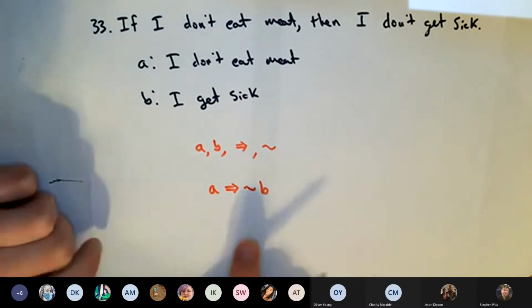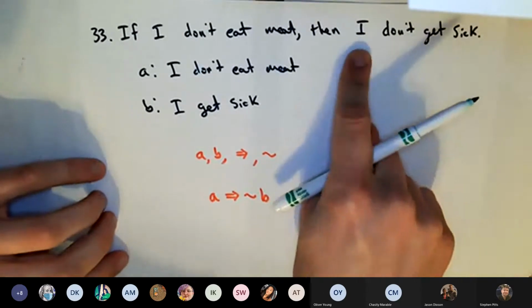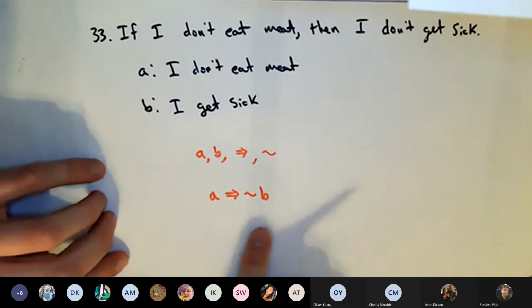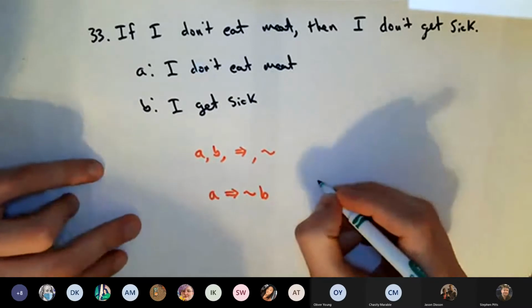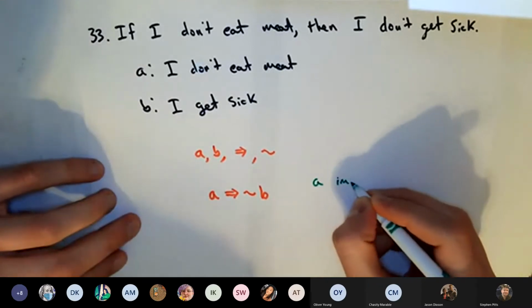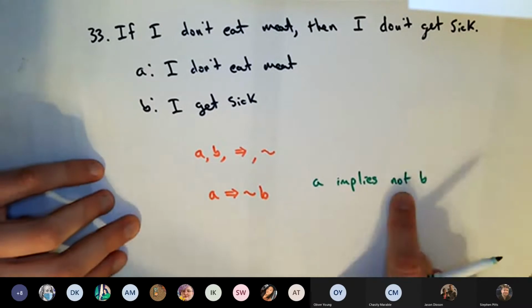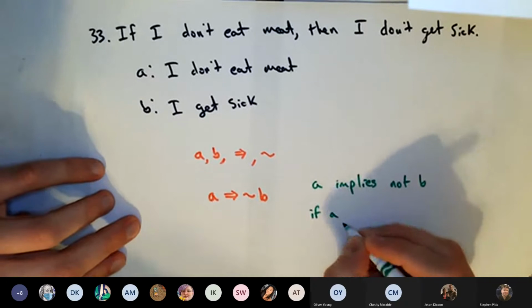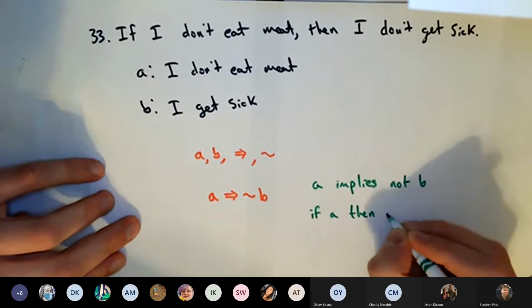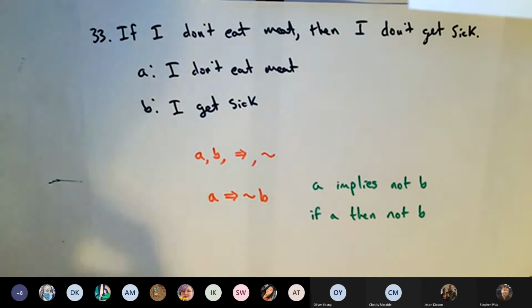I'll write that down for you. And by the way, why is B negated? Well, because B is I get sick, but in the statement, it's I don't get sick. So there's the solution. You would say A implies not B, the not just being the negation, or you could say if A, then not B. Either one is fine.